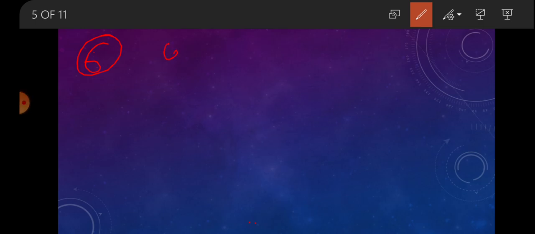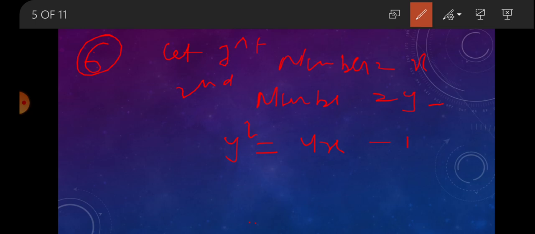So let first number is equals to x, second number is equals to y. Okay, and later in the question it is given that square of the smaller number is 4 times the larger number. So smaller number I am considering y, so which means y square is equals to 4x. This is your equation 1.